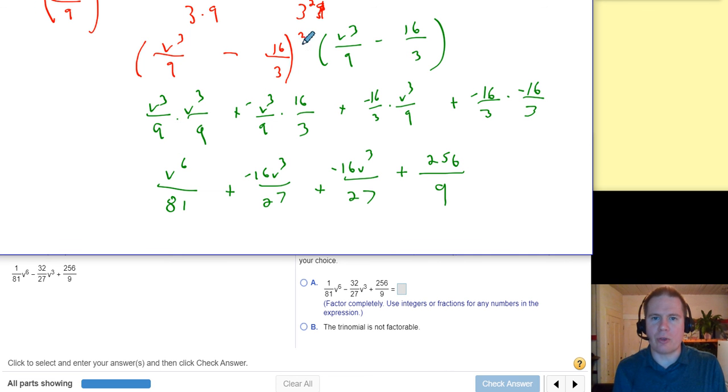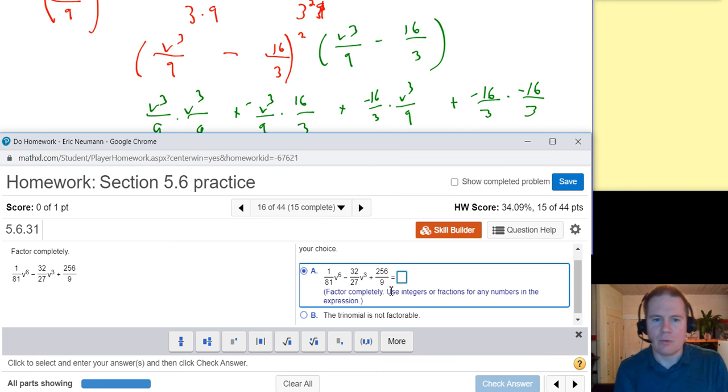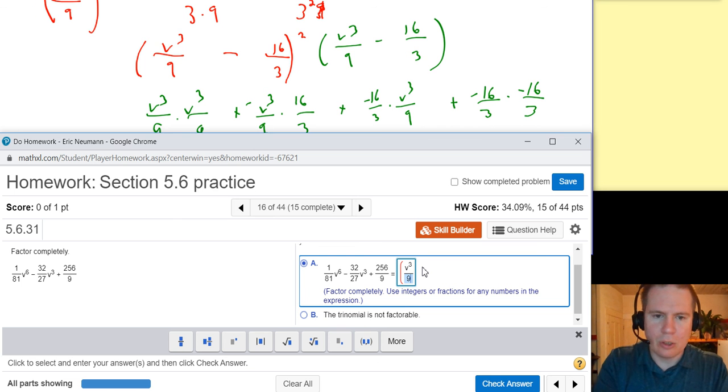In other words, the red thing with the little 2 here. So let me type that in. V cubed over 9, then make sure you hit the right arrow to get out of the denominator, minus 16 thirds, right arrow, close parentheses, and then put the square at the end.